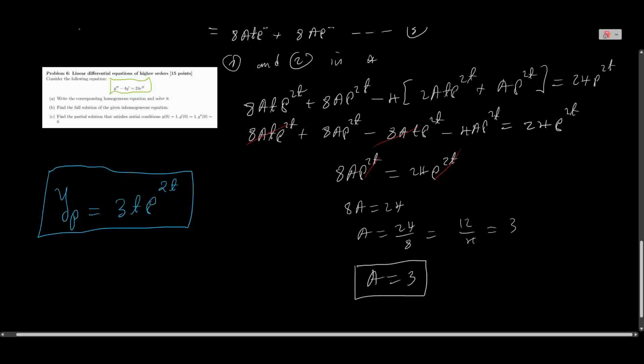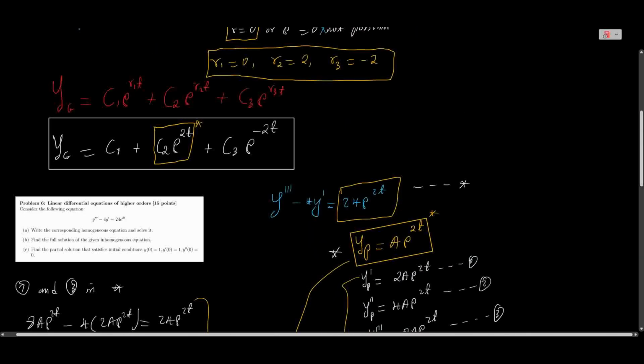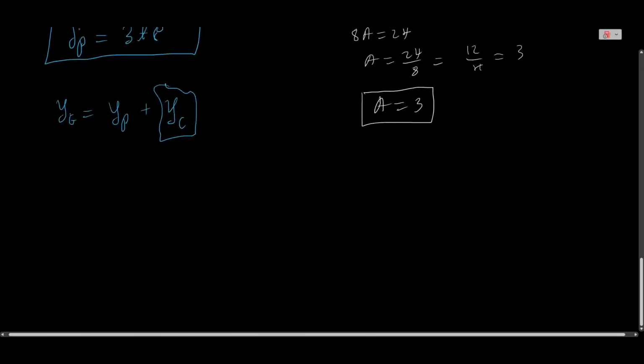Now to get the full solution, we have to combine. For the full solution, let's call it general, it will be y particular plus y complementary. This y complementary is the equation that we saw earlier, the solution to our homogeneous equation.